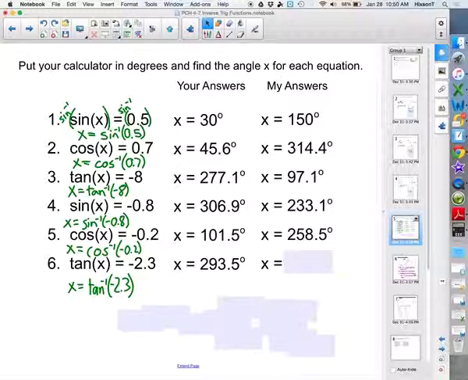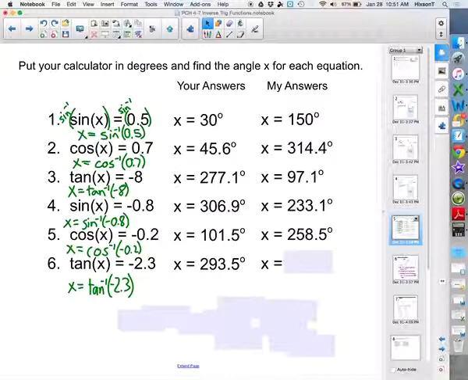So we have a 30-degree reference angle, and this is where trig equations are a little different than regular equations because these equations are going to have an infinite number of solutions. You guys already know 30, I could add 360 and get a coterminal angle, right?